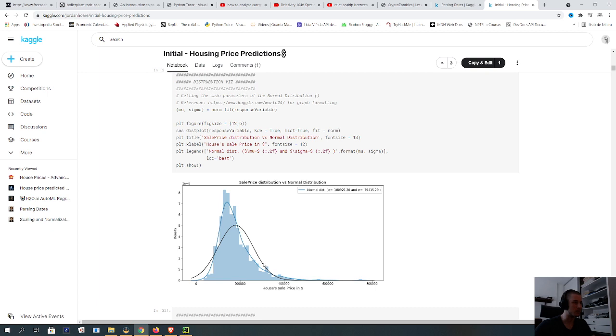Goes from this to this, which is a lot of difference.